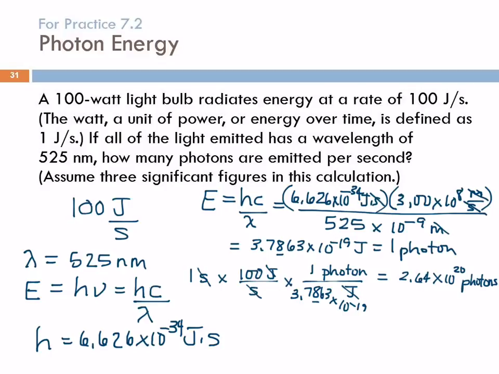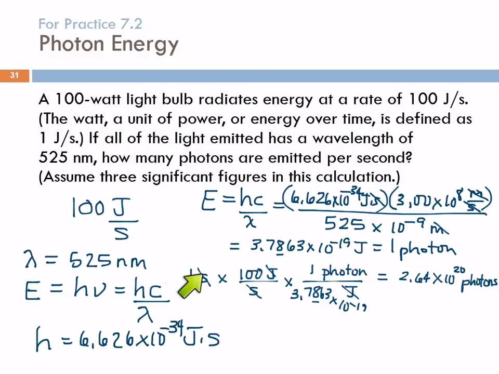If we're finding how many photons per second, we're supposed to find how many photons per second. So the way that makes sense to me is to say, per second, so how many photons in 1 second, right?